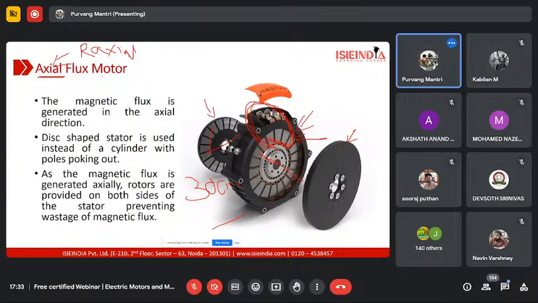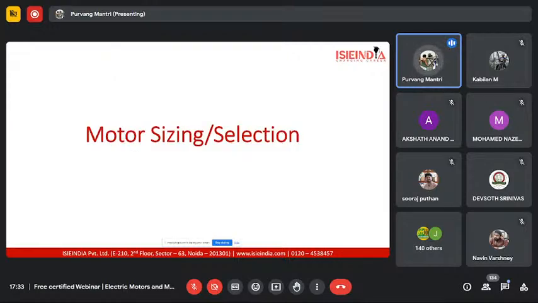Okay, so now let's go into how to select a motor or how to size a motor. Whenever we are designing any electric vehicle, we start with component selection, and we have certain parameters already fixed, for example that the vehicle you're designing should go up to a speed of 120 kilometers per hour.